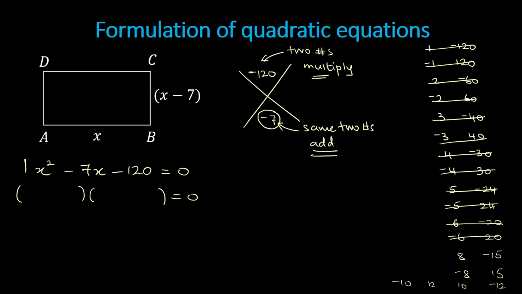What about this? 8 with negative 15. When we add, 8 plus negative 15 becomes 8 minus 15, and this gives negative 7 as required here. So this is our combination. So we select this, 8 and negative 15. So we write it here.